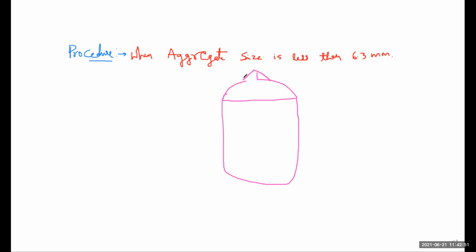A conical brass cap is also fitted in this pycnometer. Before testing specific gravity, we first see whether our pycnometer is clean or not. If it is not clean, we clean and dry the pycnometer, and its empty weight is determined. This is the weight W1.